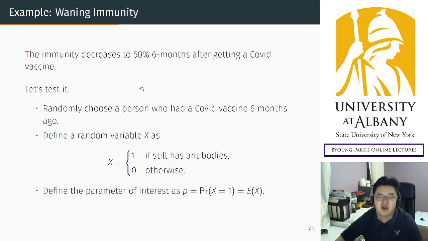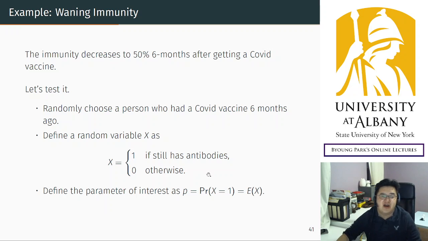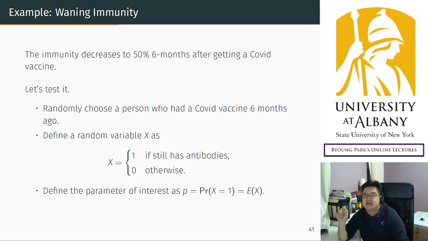So first, we are going to set up the basic structure. We will randomly choose a person who had a vaccine 6 months ago, right? That's the sample. And we define a random variable in this way.